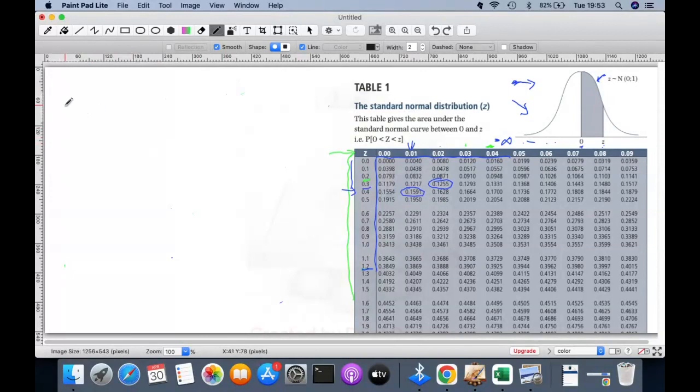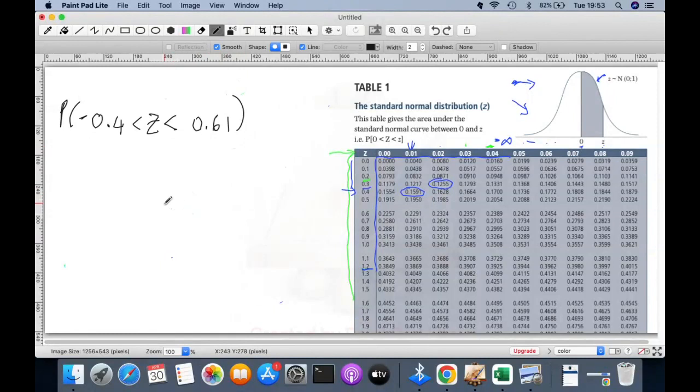So let's say now you're asked to work out the probability from negative 0.4, but instead of always having a 0, let's make the upper limit 0.61. So now you look at the area from negative 0.4 to positive 0.61.